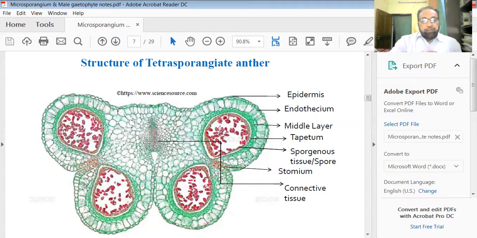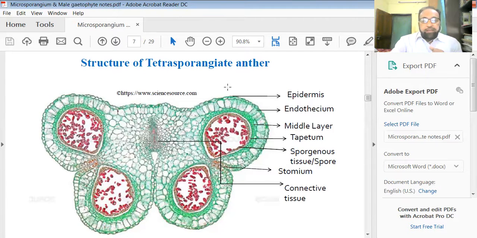Here you will find that the complete anther is covered with a single layered structure called the epidermis. The epidermis is made of tissues attached together by their walls, forming a complete protective layer. It is a single layered structure.